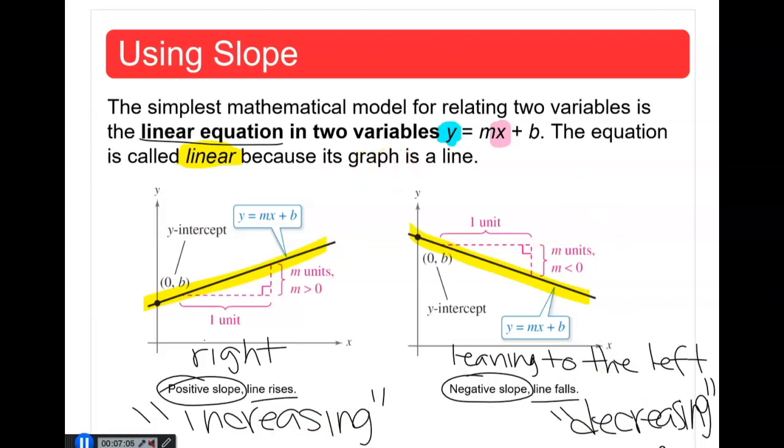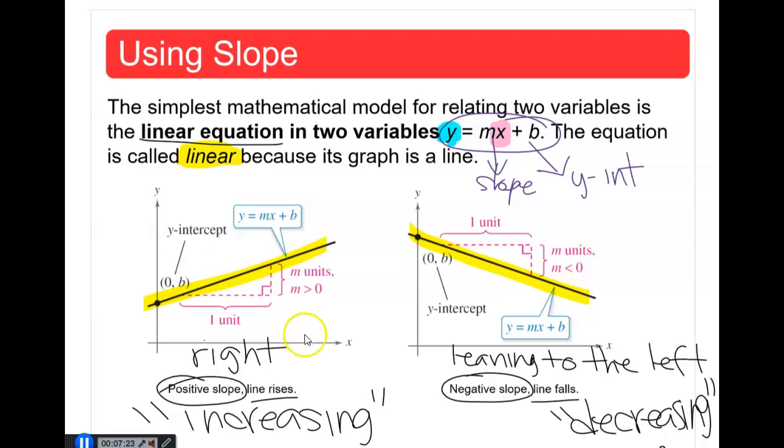So again, we have the slope-intercept form because m is the slope and b is the y-coordinate of the y-intercept.